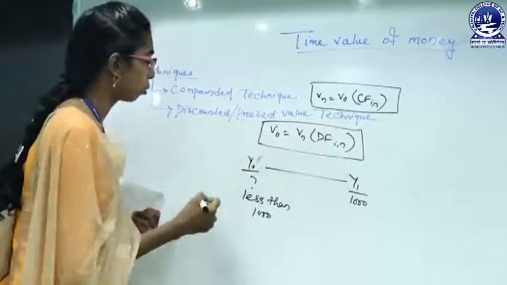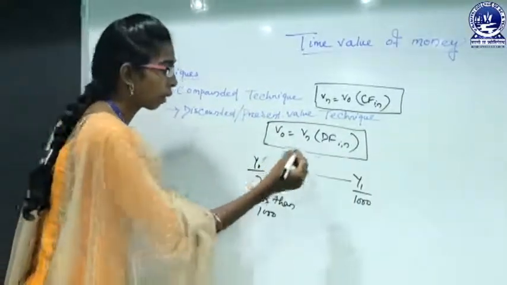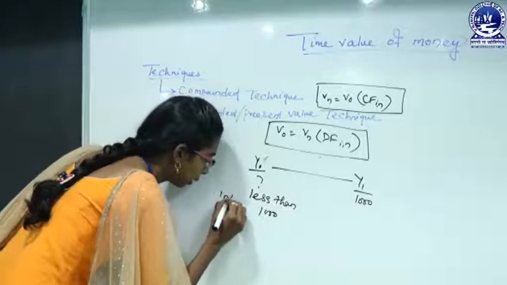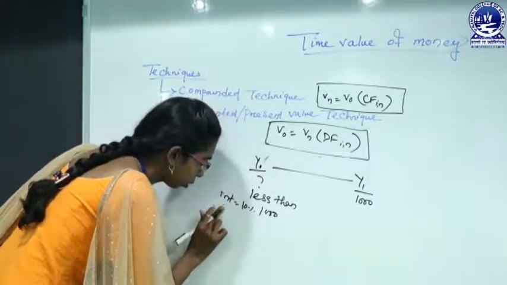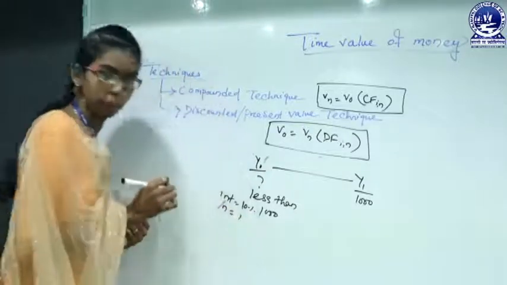And how to calculate this? For example, our interest rate is 10%, and take N as 2.